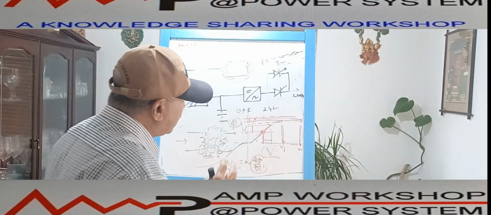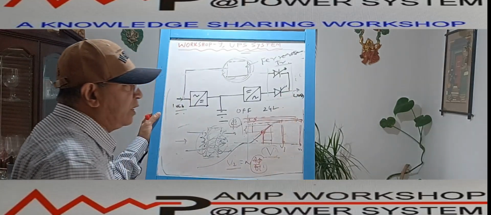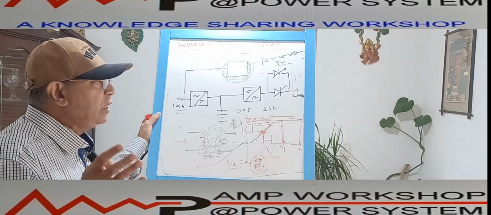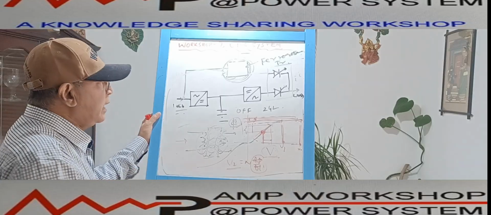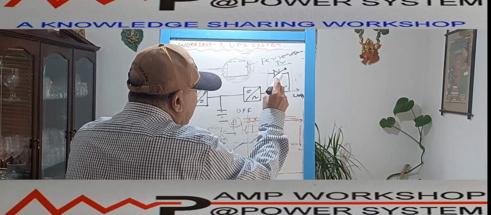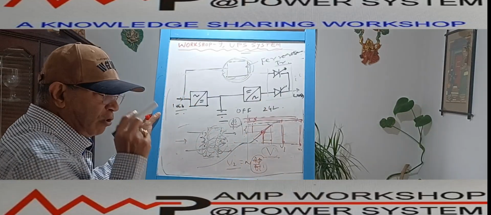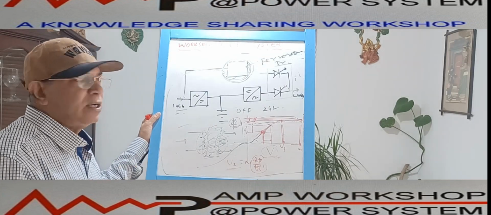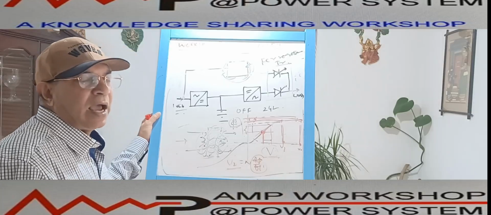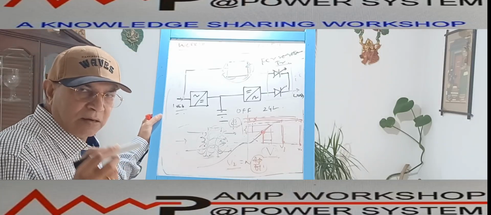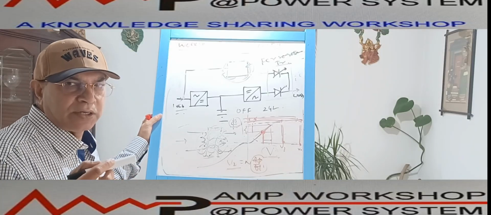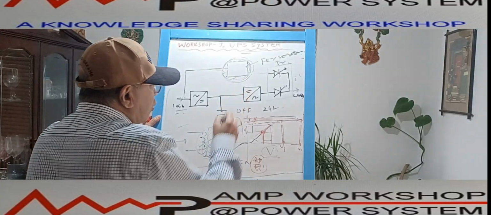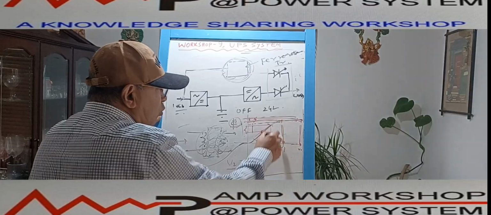So when the load requires a good profile voltage and good quality of supply, in that case an offline interactive UPS system is preferred, though it has a high cost and low efficiency, because the additional device has a lot of heat. This ferroresonance transformer will produce a lot of heat.